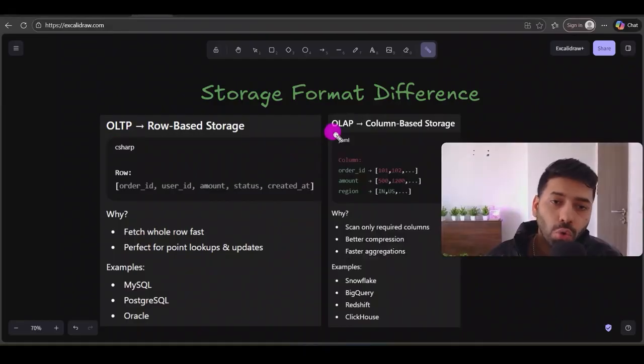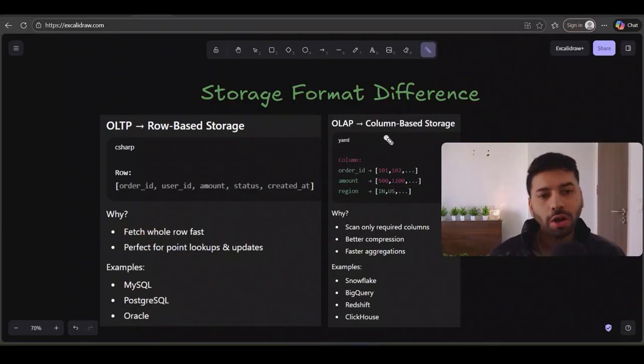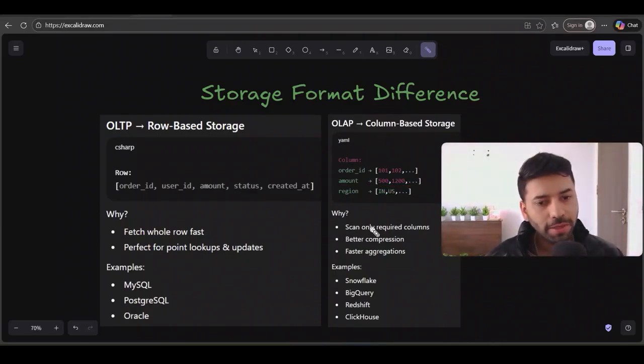Now when we talk about OLAP, we have column based storage in this. Like for example, here we had all the data in the row. Here we have column based storage. So order ID is one column and corresponding to that you have data. Amount is one column and all the data in that column is related to amount. Then region is one column. Now why do we use column based storage in OLAP?